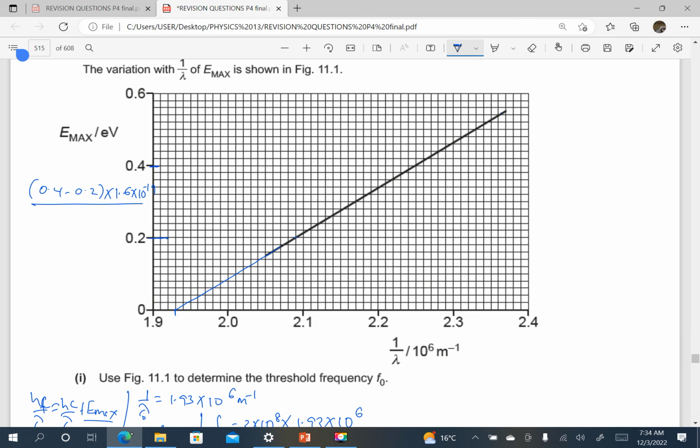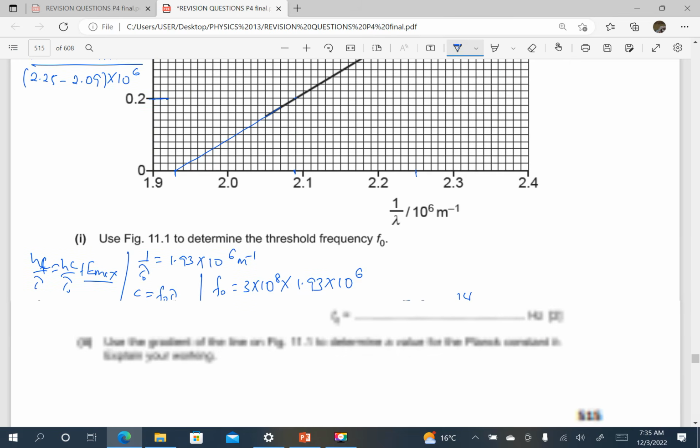Then on the x-axis, the corresponding values, I think that is 2.09. Then for 0.4, the corresponding value is 2.25. I think it is in the middle. So we have 2.25 minus 2.09, then it is times 10 power 6. So that is going to be my gradient.